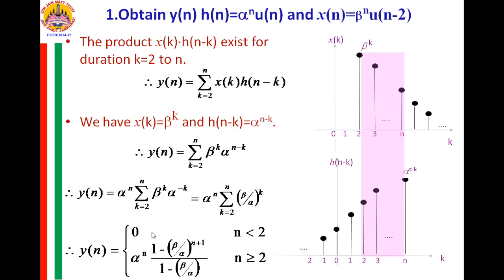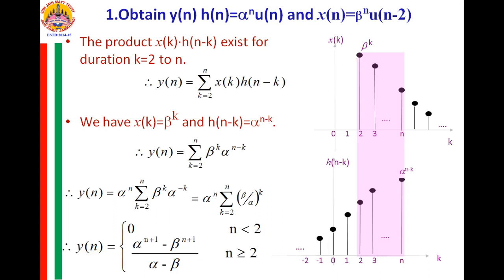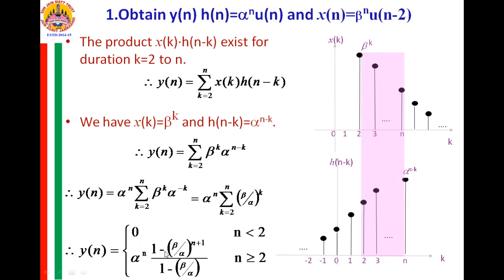For n less than 2, we observe that this yn is equal to 0. For every value of n which is greater than or equal to 2, this is alpha raised to n into 1 minus beta by alpha raised to n plus 1 upon 1 minus beta by alpha. I can also modify this by multiplying. See here, this is alpha raised to n. Now what I will do is take common 1 by alpha, so multiply numerator and denominator by alpha.